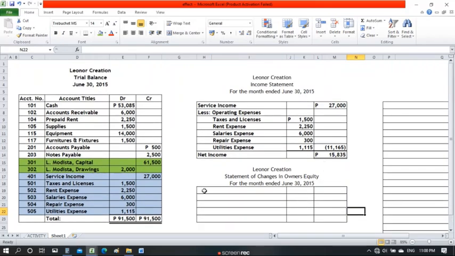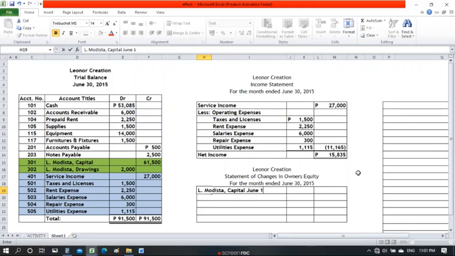The result that will be given by the statement of changes in owner's equity is the ending balance of the capital that will be used in the preparation of the next financial statement, which is the balance sheet. So in preparing the statement of changes in owner's equity, first to write is the beginning capital. So our capital account is El Modista capital, and to determine that this is a beginning capital, we will write the date of the first day, the beginning, which is June 1.